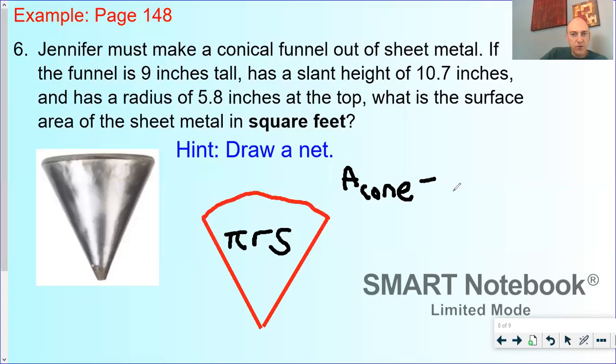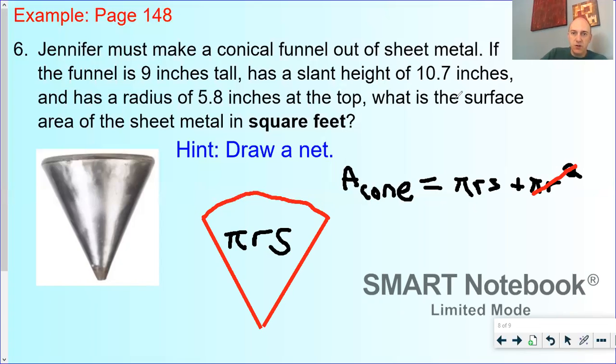I'm not sure if on your formula sheet it is just pi rs or if it's pi rs plus pi r squared. I have a feeling it might give you this whole thing. Now, it's important to remember what this means. Pi rs is the lateral area. Pi r squared is the area of the circle on the top, but we don't want that circle on the top. So we're just going to use pi rs for this question.